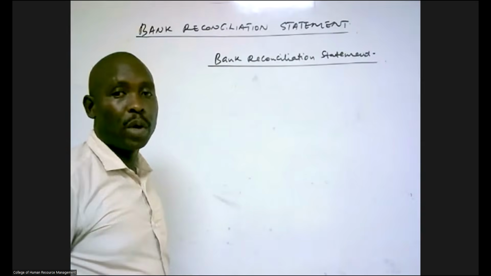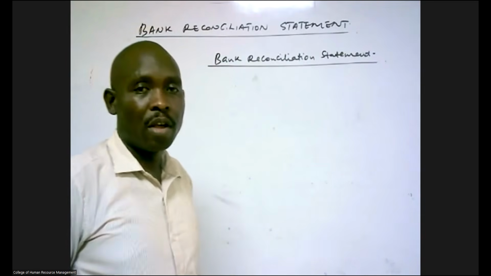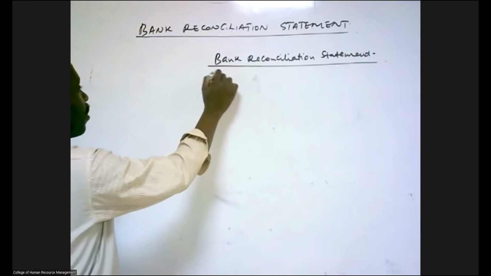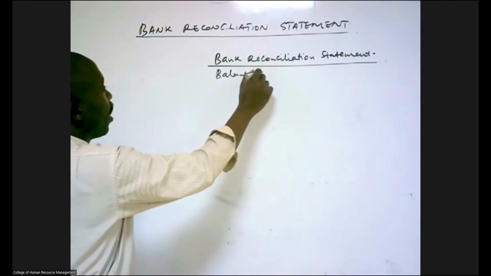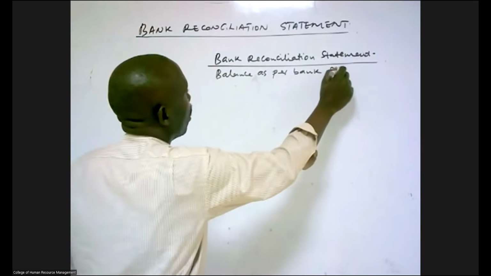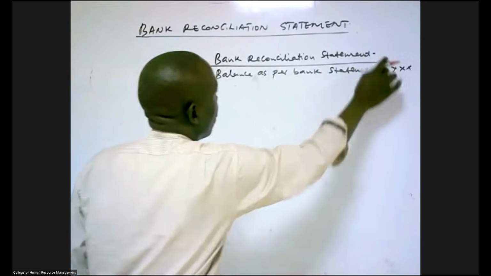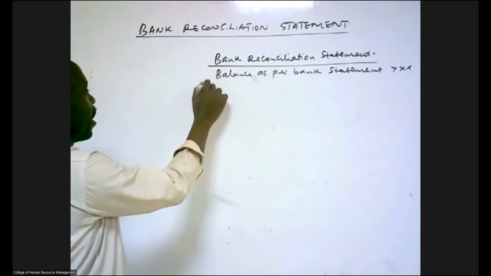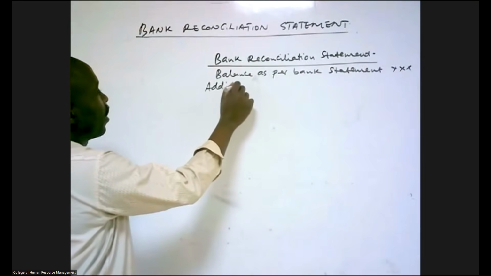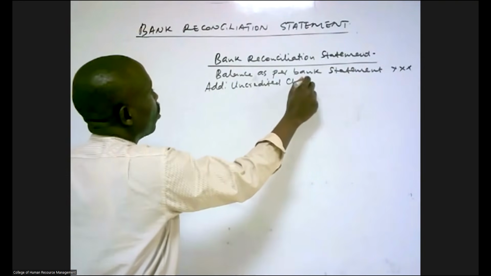We have got two ways you can handle it, depending on which items you start with. So if you start with balance as per bank statement, which will be the given balance in the bank statement, what you add here is the uncredited checks.